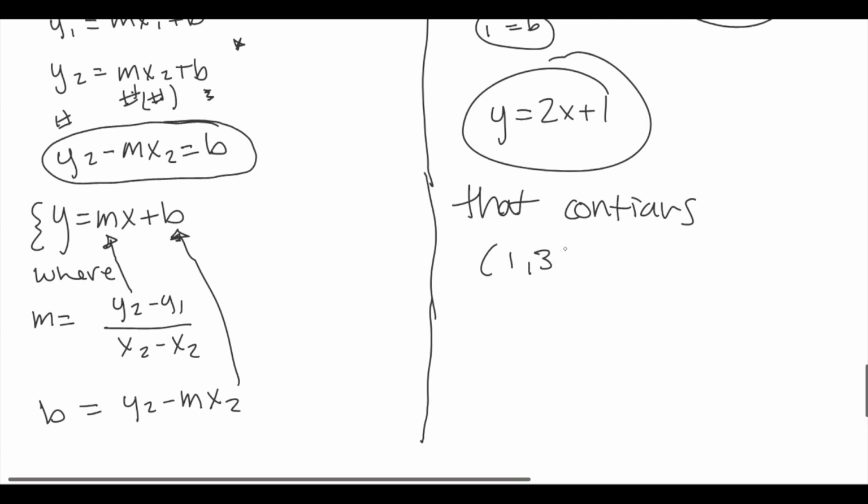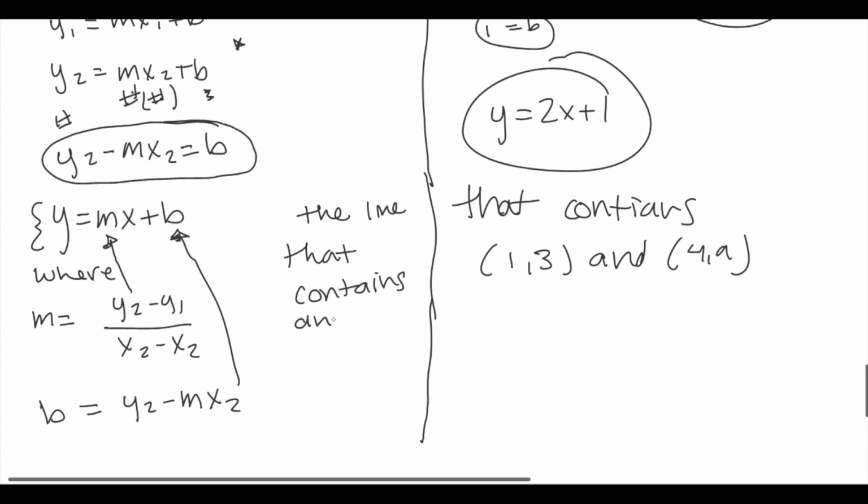This is the line that contains any 2 points, x1, y1, x2, y2. It's important to define what those look like.